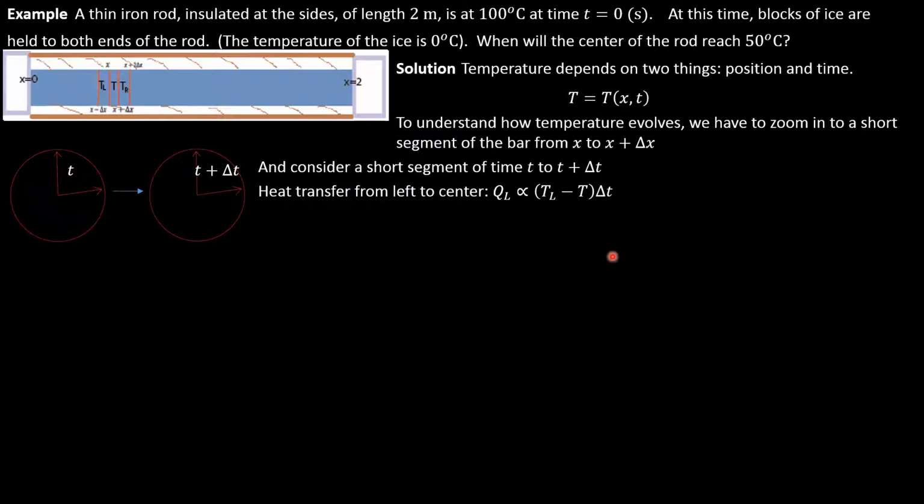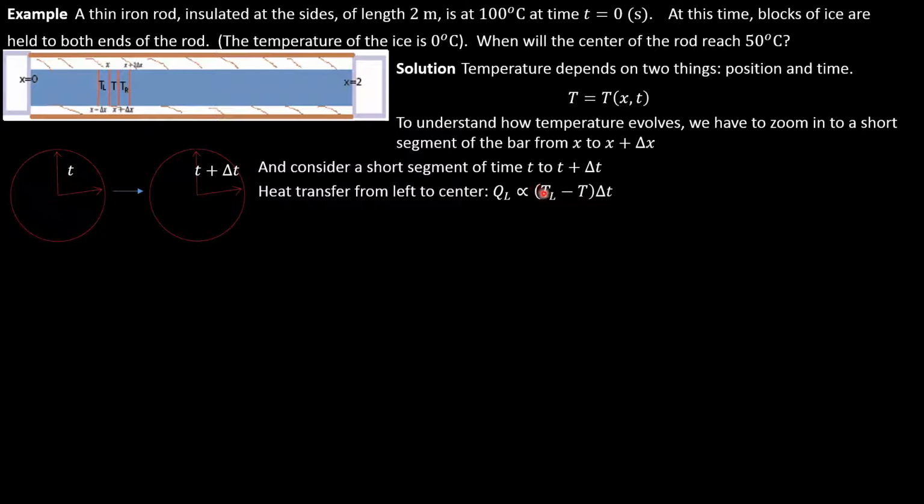left and right. Now the heat transfer from the left slice to the center slice will be proportional to the difference between the 2 temperatures. So for example, if the left slice is hotter than the center slice, then heat will transfer from the left to the center slice.